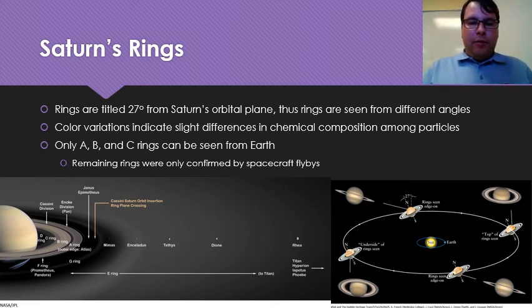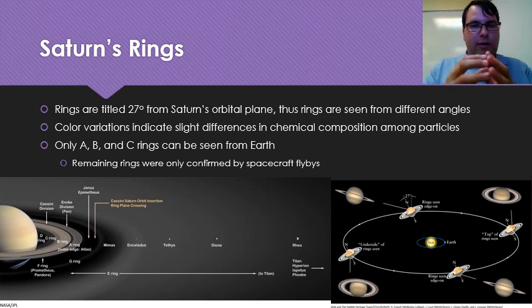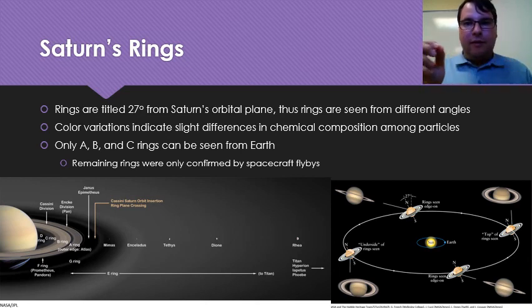The chemical composition is identified by just looking at the reflective light, which identifies it as those ices and rock pieces. But if you're looking at something very, very small, like the D ring, it is quite literally particle sized. It is not something that is a chunk floating around. It is dust sized pieces of ice and rock.